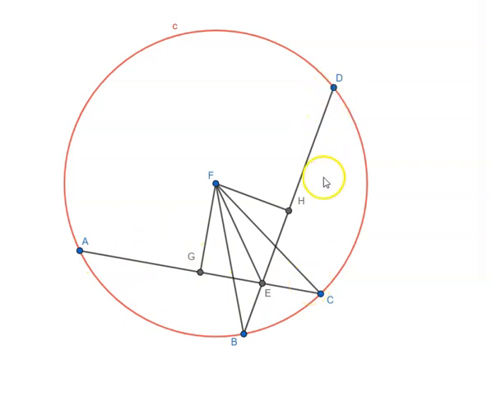Now, if we repeat the same process with respect to DB, we will end up with DE by BE plus FE square is equal to FB square.